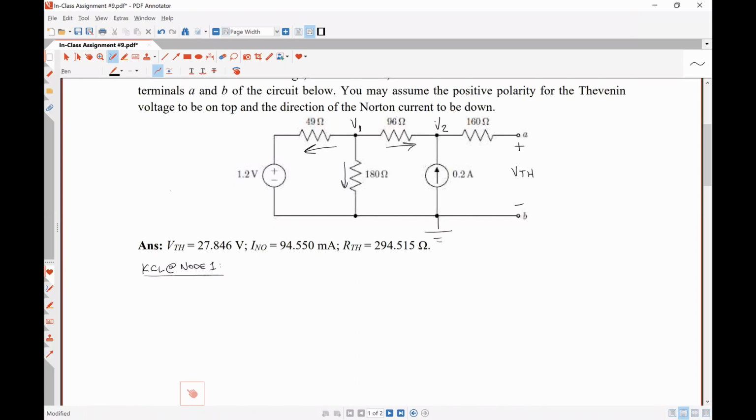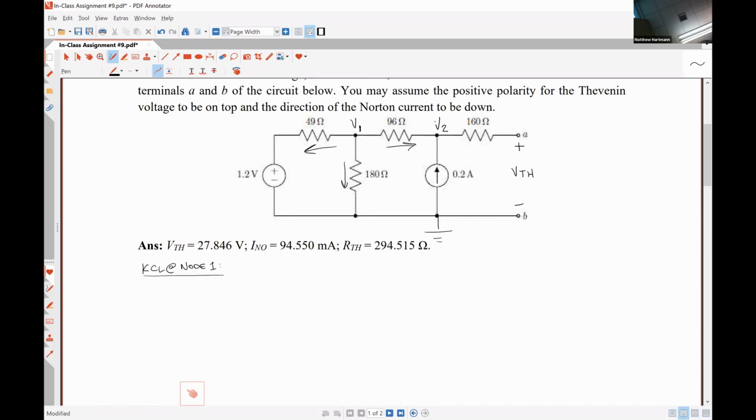So starting on the left hand side, you do 1.2 volts divided by 49 ohms. Wait, 1.2 volts divided by 49 ohms would give me the current flowing from left to right through the 49 ohm resistor under the assumption that V1 is our reference, but V1 is not our reference.